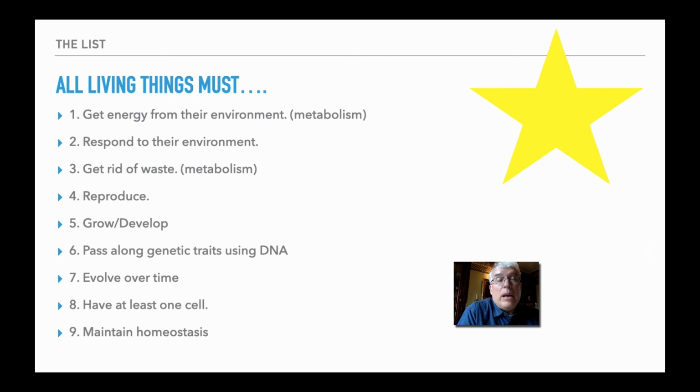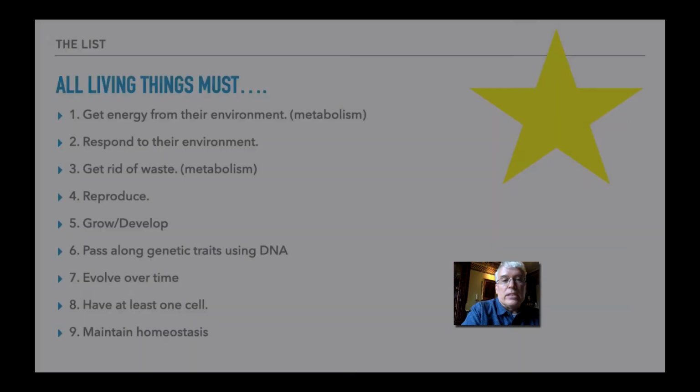And you may be able to think of some new tech, like artificial intelligence, like robots and stuff like that, where computers or machines can actually appear to be so much alive that people can't tell a robot from a real human. Okay, these are all really interesting questions, but for this class, this is our list. This is the list of what you have to have or be able to do to be considered a living thing. Thank you guys, and we're going to stop there.